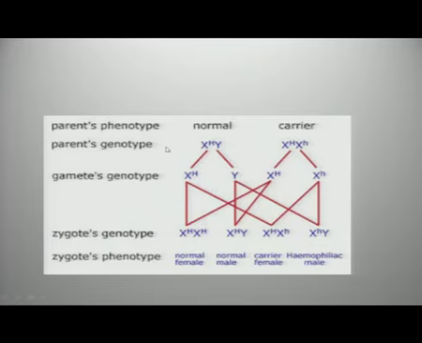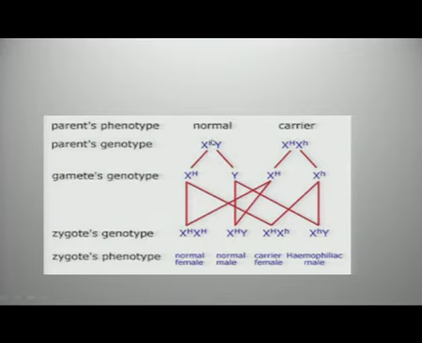We can see how the gene for hemophilia moves from parents to offspring in different generations. This is a normal male with normal hemoglobin.